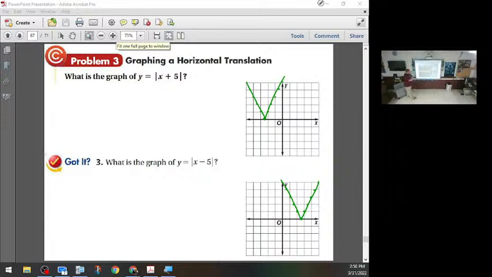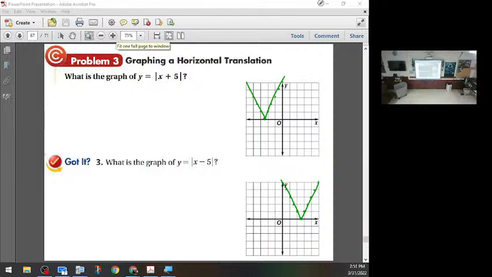Okay, look at the two graphs you made. Look at the two equations. They both said something 5, but they both did something different. Can you come up with a theory as to what that number inside the absolute value does? What do you think?